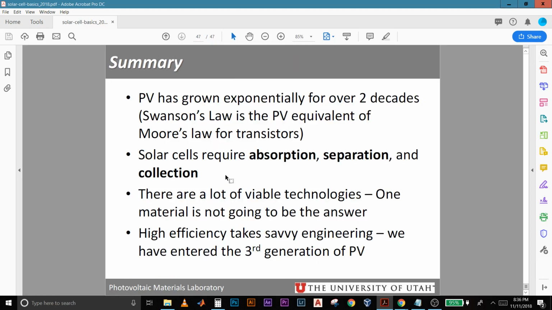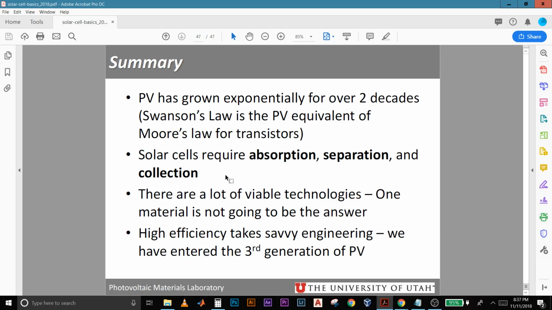So in summary, photovoltaics have grown exponentially over 20 years. Solar cells require absorption, separation, and collection. We can address each of these problems and try to improve the solutions to get an overall improvement of the technology.